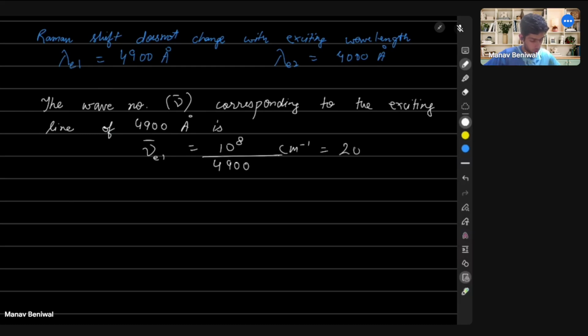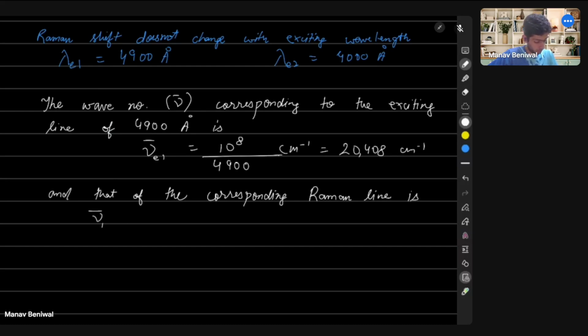So this comes out to be 20408 per centimeter. So this is given to us as 5000 angstroms.